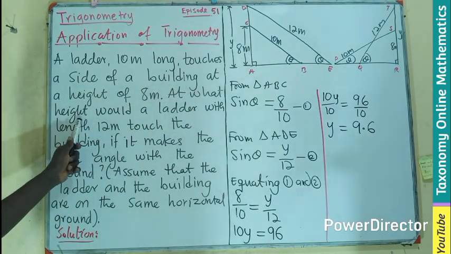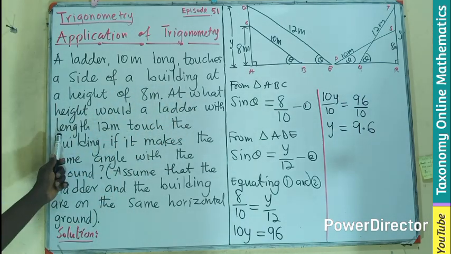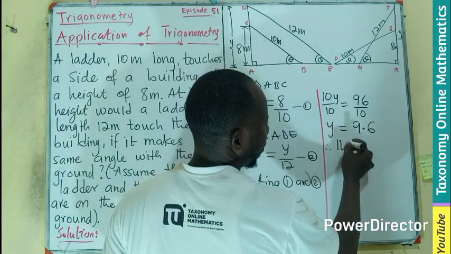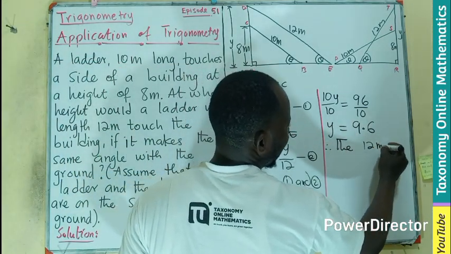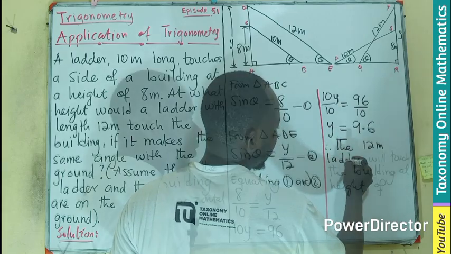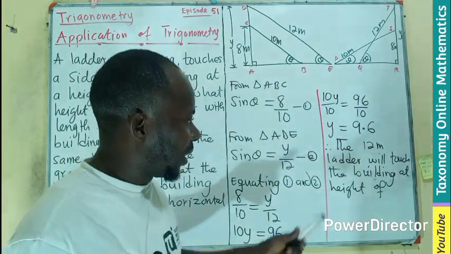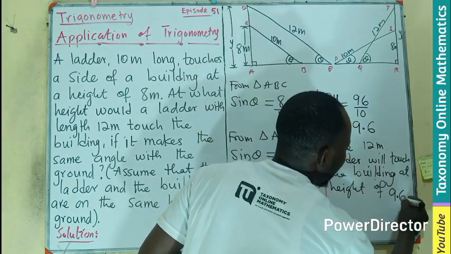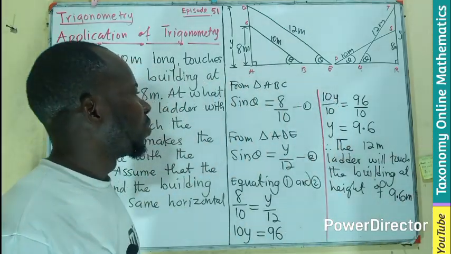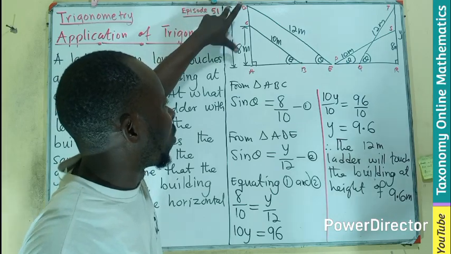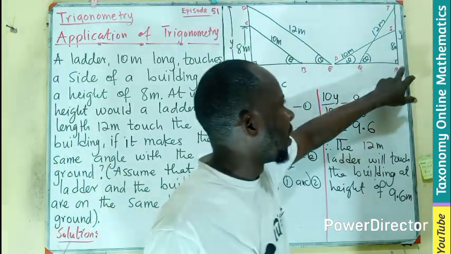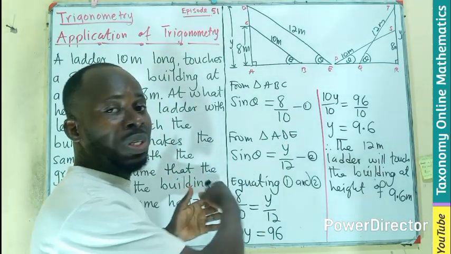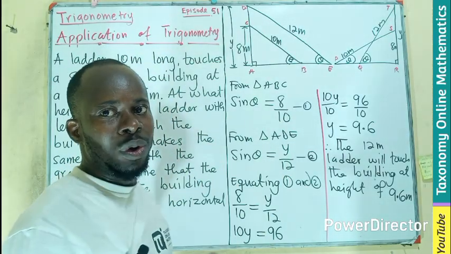At what height will the 12-meter ladder touch the building? So therefore, the 12-meter ladder will be touching the building at a height of 9.6 meters. So you can see 9.6 is longer than the 8. The same here, 9.6 is longer than the 8. This calculation works perfectly for the two diagrams.